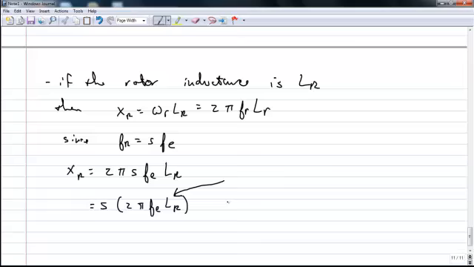That is the reactance of the rotor when the frequency in the rotor is equal to f sub e. So we will call this the blocked rotor reactance, X sub r0. So this equals s X sub r0.